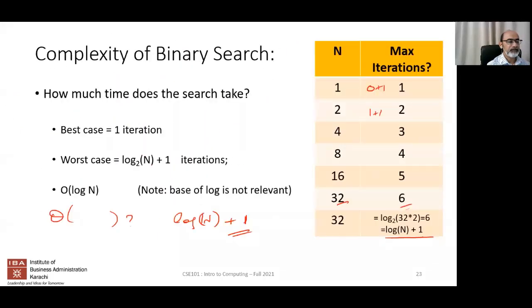Because log of n is the highest power of n, we're going to drop this constant, and the big O notation would simply be order of log of n. Okay, I hope that's clear to people. Any questions?